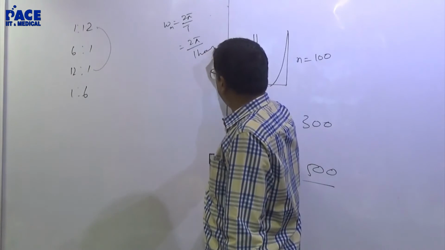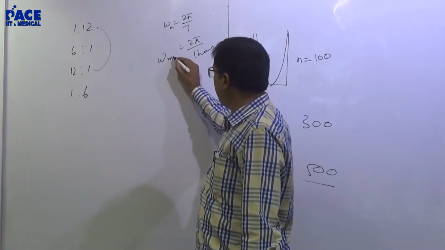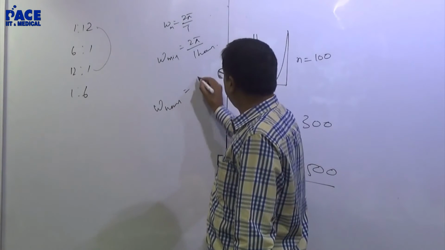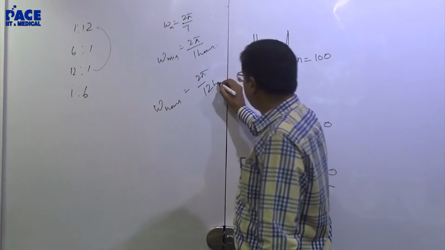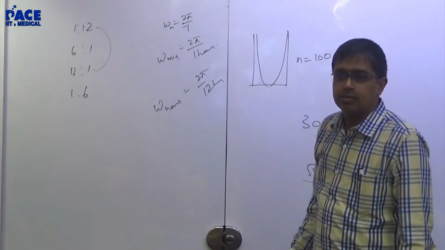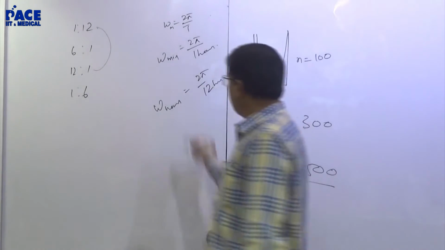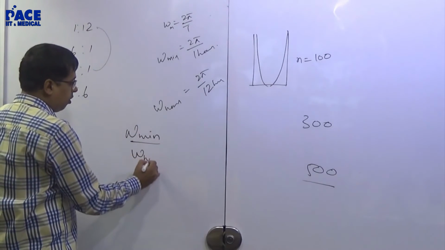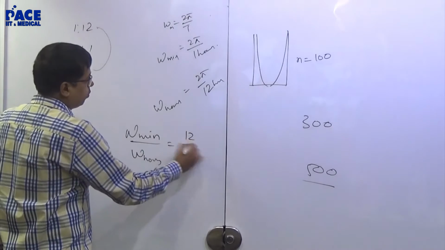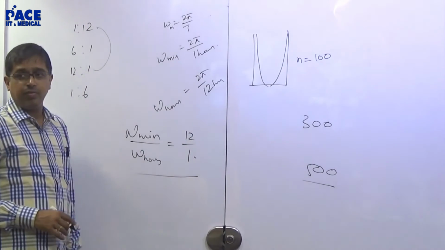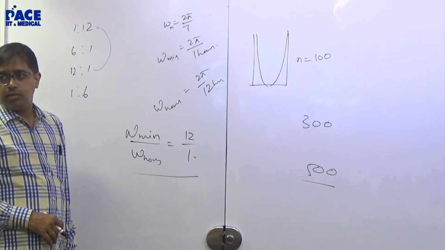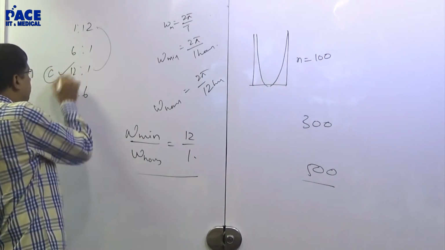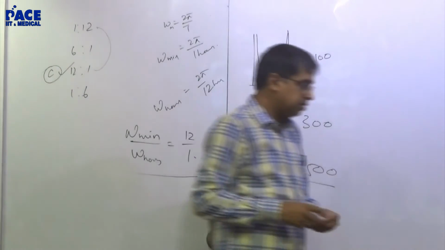Angular velocity of minute's hand, angular velocity of hour's hand, 2 pi by 12 hours. Right? So if I want omega of minute's hand to omega of hour's hand, it will be 12:1. So 12:1, I told you C will always be the answer.